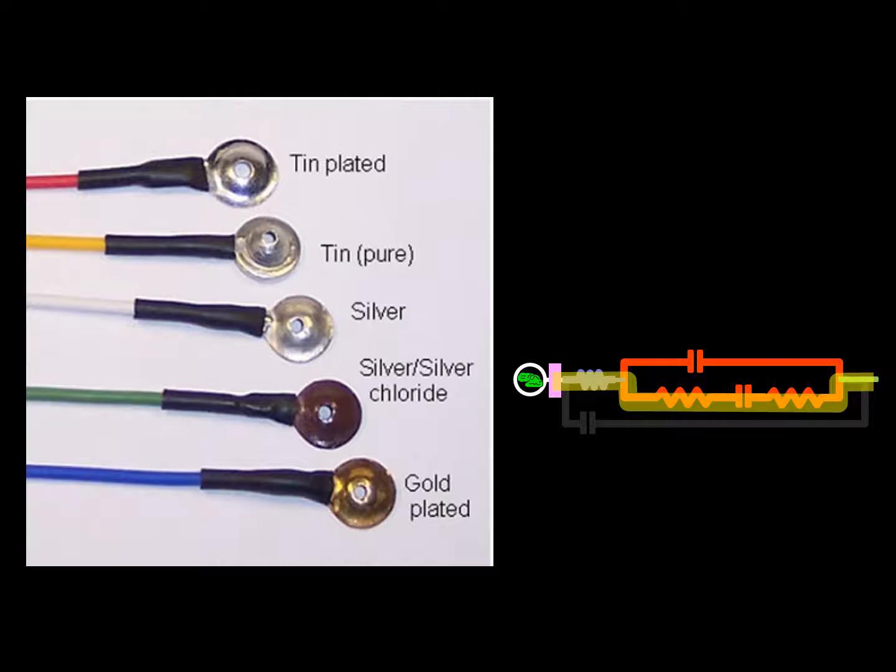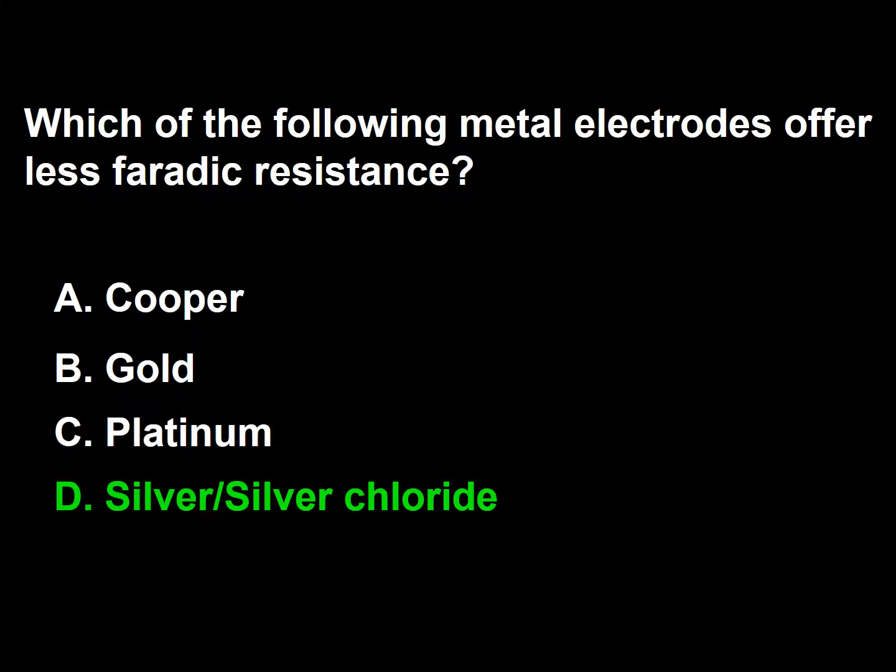It is true that since most of the activity studied during regular EEG is of alternating nature and as such less vulnerable to the effects of capacitance, we most of the time can get away using electrodes not made of silver chloride. But the fact remains that electrodes made of silver chloride are the best. So the answer to this question is D.